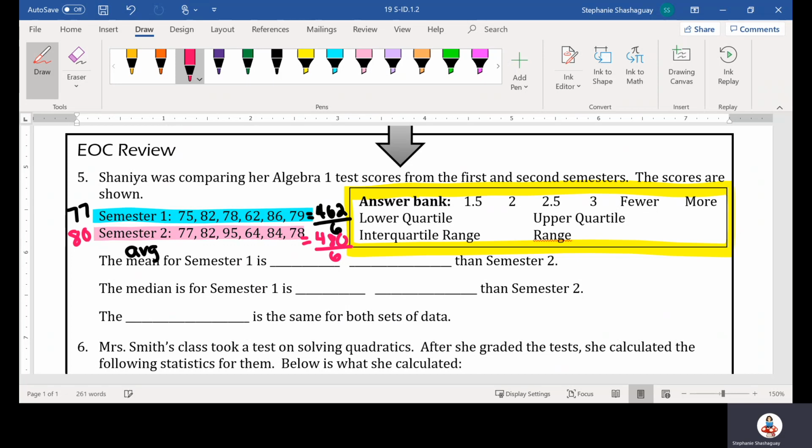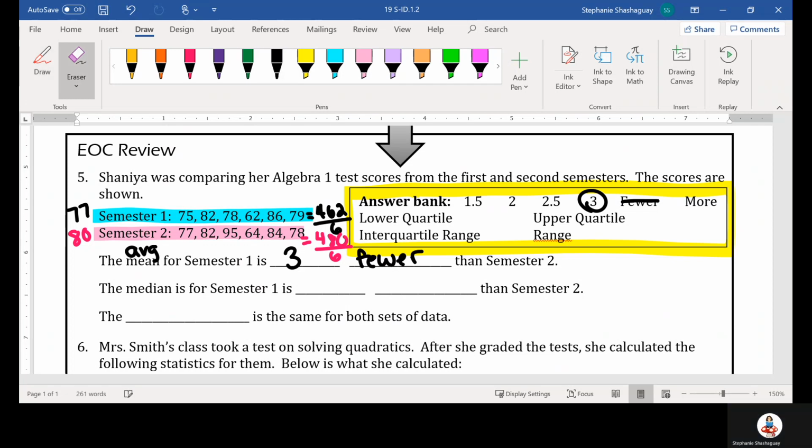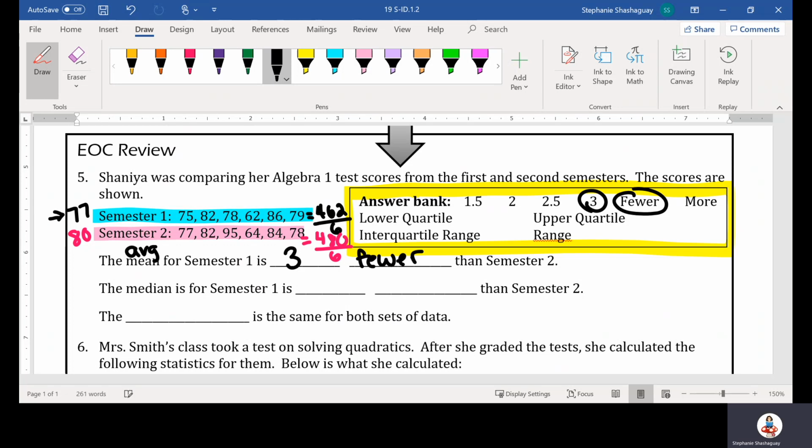So the mean for semester 1 is 3 fewer than semester 2. So our average from semester 1, which was 77, is 3 fewer than 80, which was semester 2.